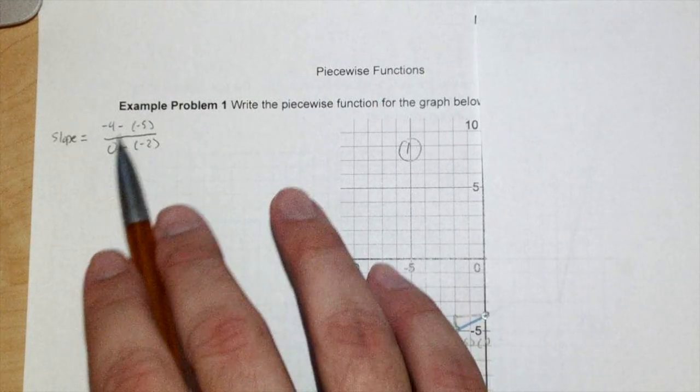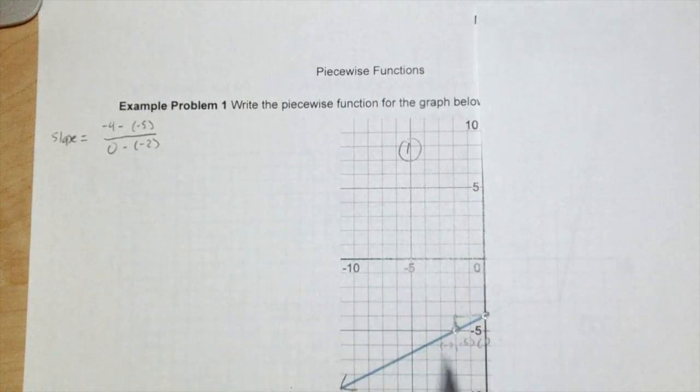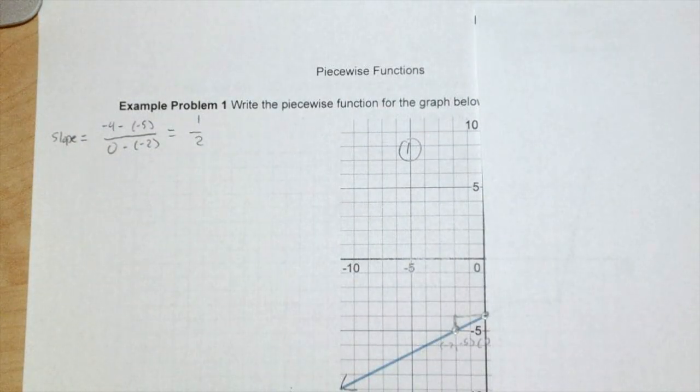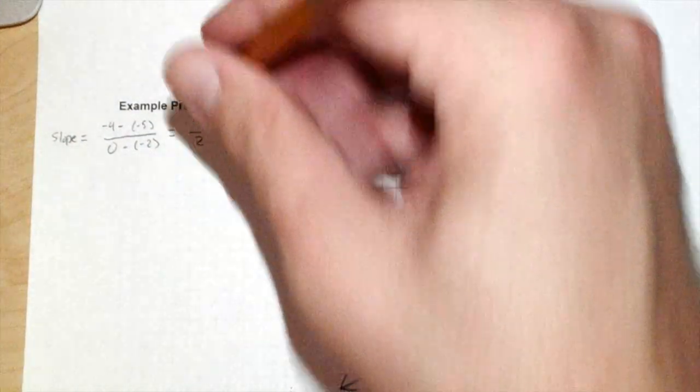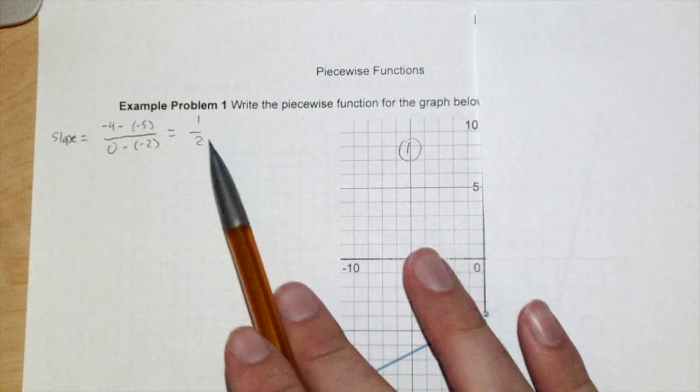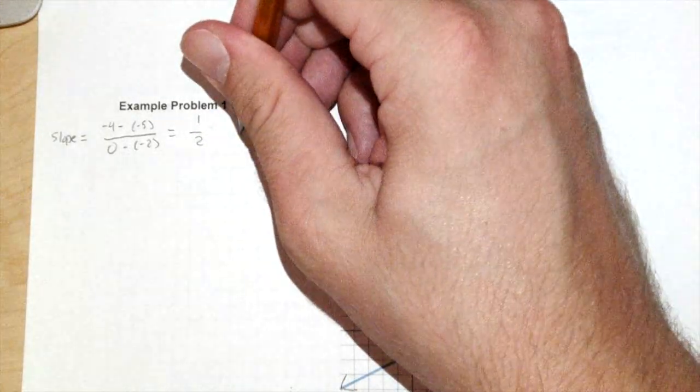So here, it's -4 minus -5. So that's going to be 1. And 0 minus -2 is 2. So the slope is 1/2. And again, I usually shortcut, but think that as y goes up 1, so the change in y is 1, x is changing 2.